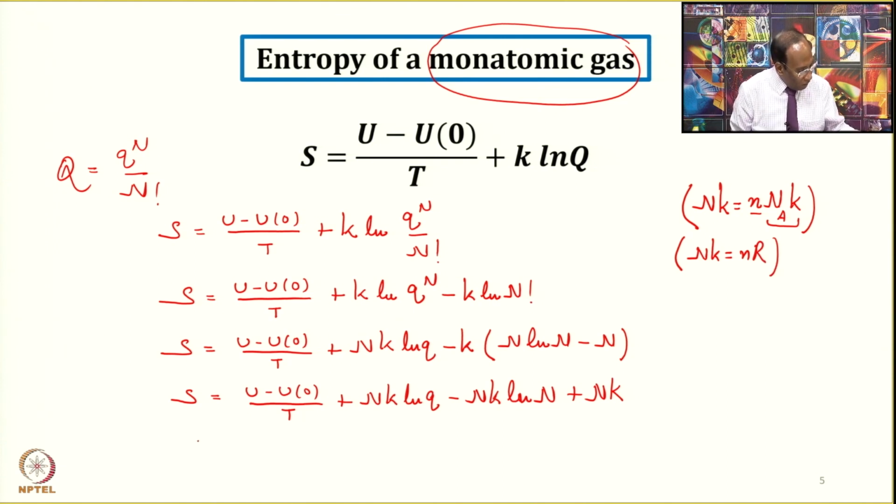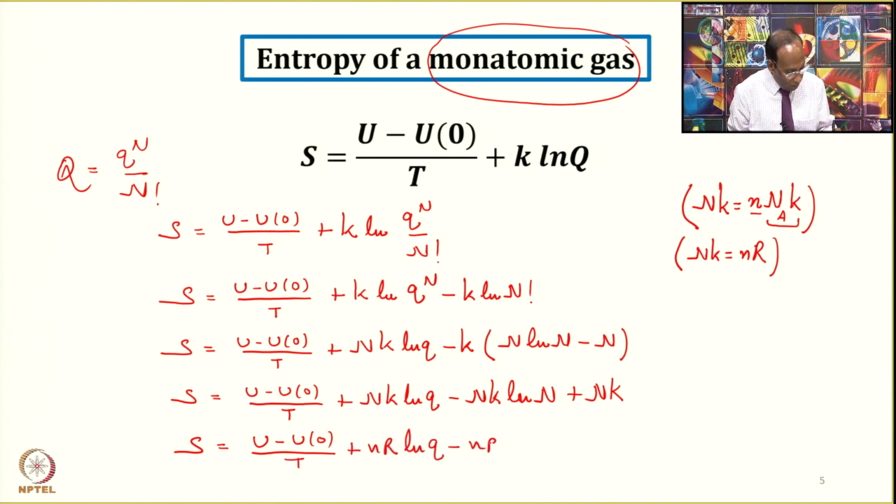So I have S is equal to (U minus U0) by T plus NR log Q minus NR log N plus NR.